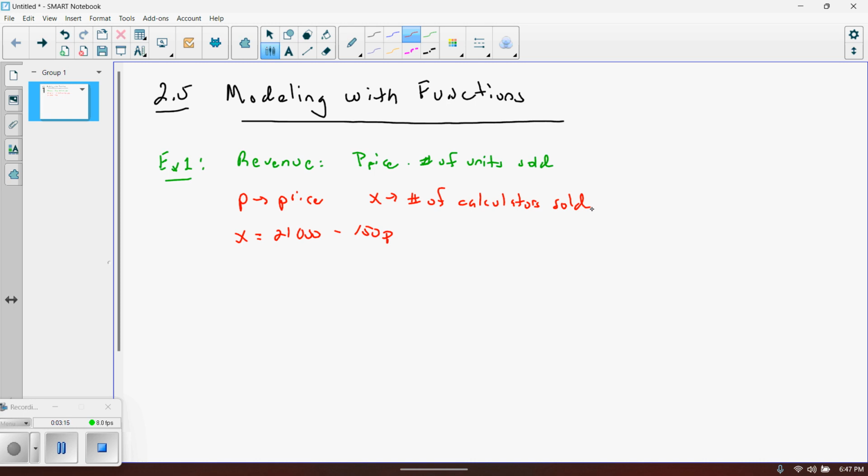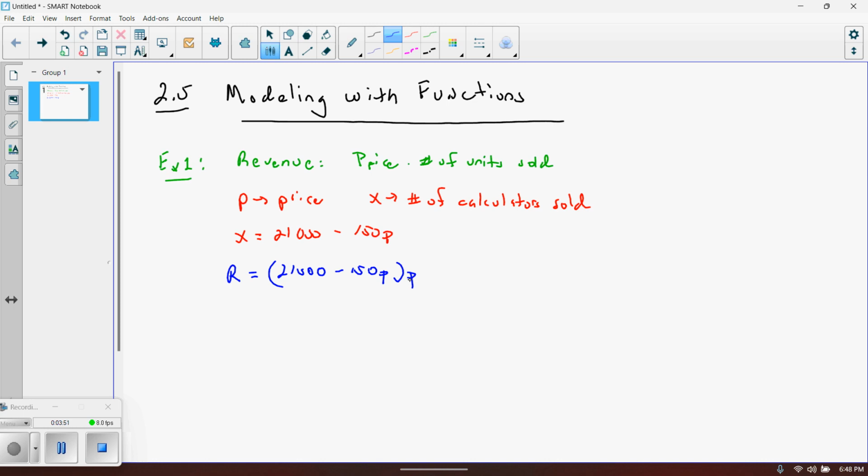So if I want to find an expression that represents the revenue, it's simply the price times the number of calculators sold. Well, if the price itself is P and the number of calculators sold is represented by 21,000 minus 150p, then your revenue, we'll just say revenue, R, is going to be the number of calculators sold times the price.